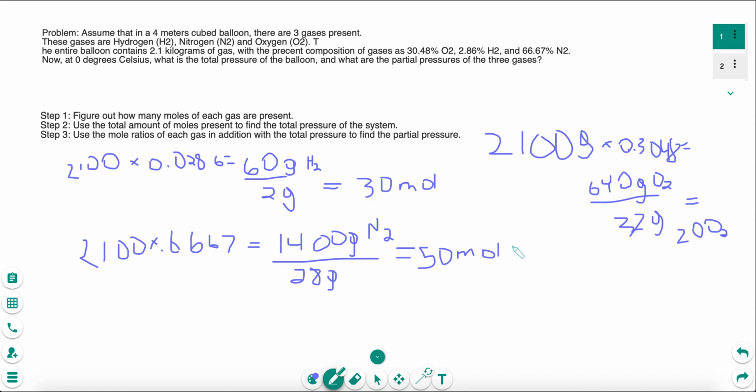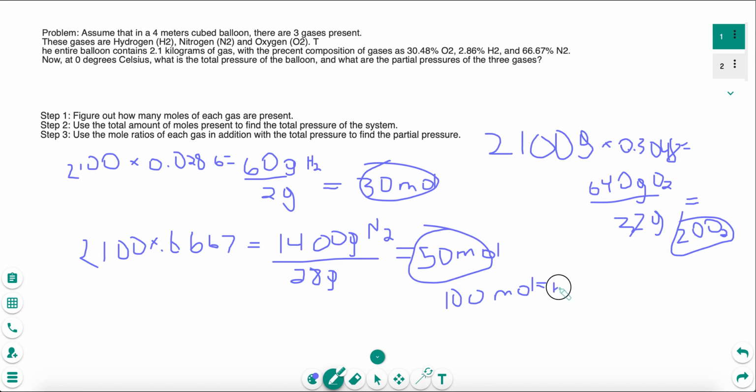So now we need to use the total amount of moles to find the total pressure of the system. So we have 30 moles of hydrogen, 50 moles of nitrogen, and 20 moles of oxygen, and that gives us a total of 100 moles. And in the equation PV equals nRT, this is equal to n because n is the number of moles present.